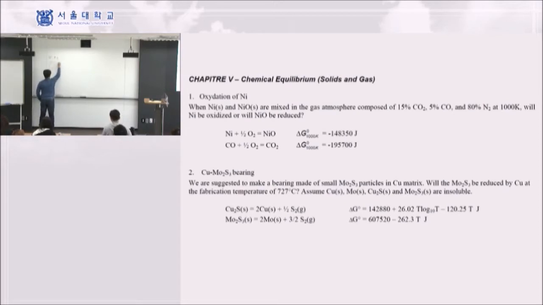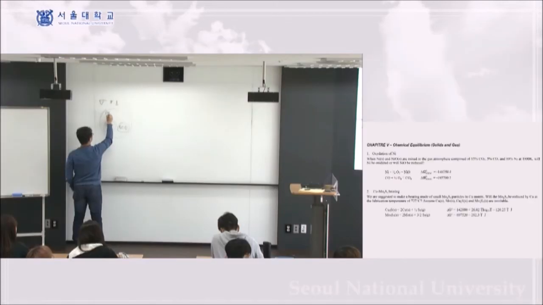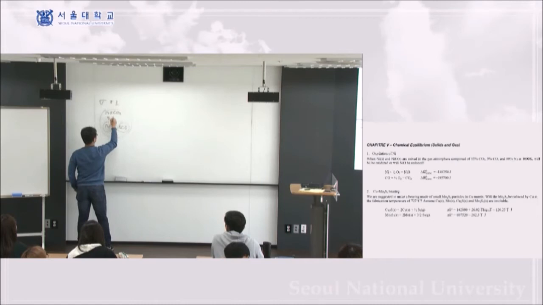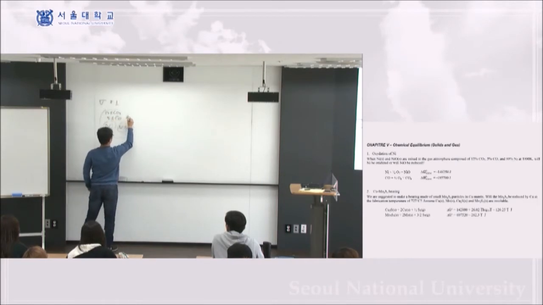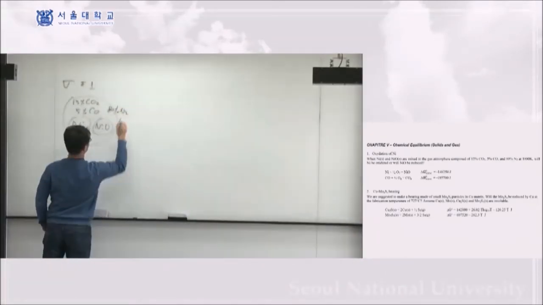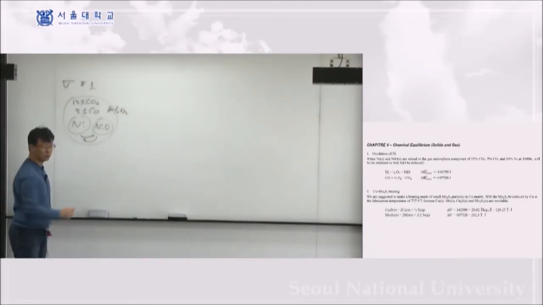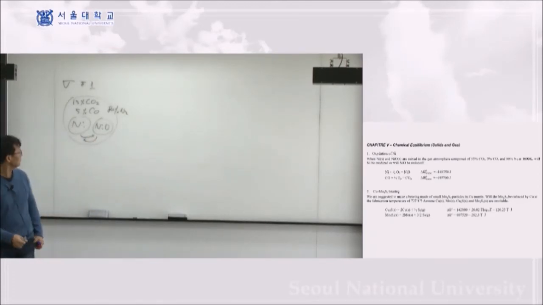So I have nickel, and I have nickel oxide, and then my gas atmosphere is 15% CO2, and 5% CO, and then 80% N2. Okay? Whether this will go this way, whether this will go this way. That's the question.